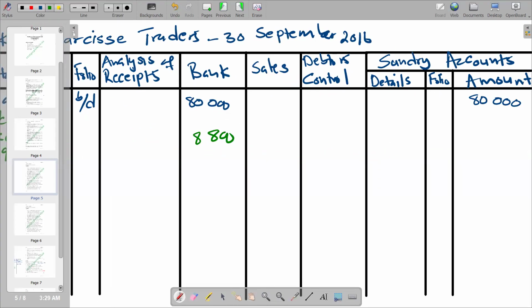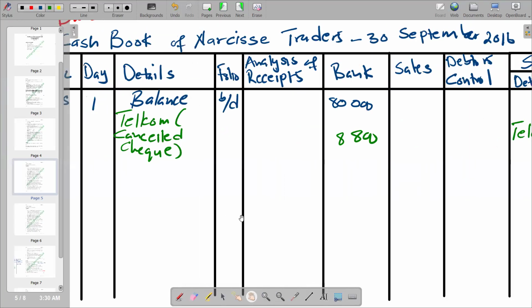So the amount that we have is 8,800. And on details, we said this is the payment to Telkom, which is for telephone. So we write the specification, which is telephone. So this is what we have on that part.